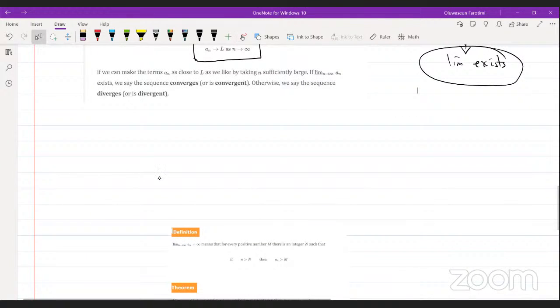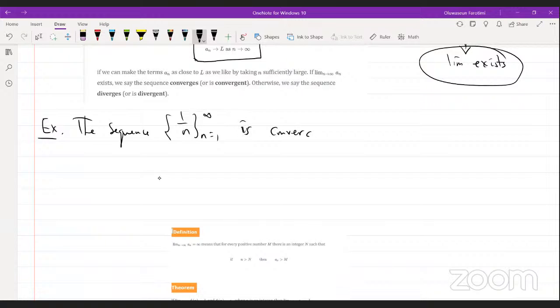So now let's look at an example. The sequence, this guy is convergent. Now, if I want to check if it is convergent, now it tells me it is convergent. What do I need to do? Just find the limits. Okay. So what is a sub n here? a sub n is just 1 over n.